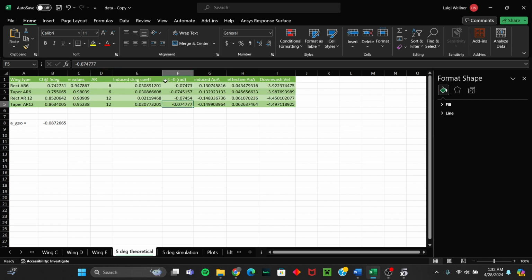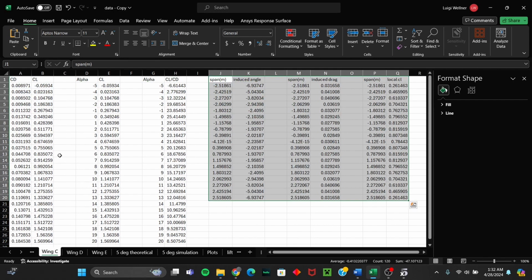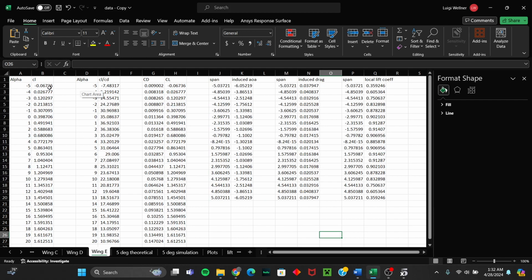And I found the lift at zero, which is what I did was I went over here to the wing, and I went to where the lift went from negative to positive, and I interpolated between the angle of attack and the lift coefficient to find the zero lift angle of attack.